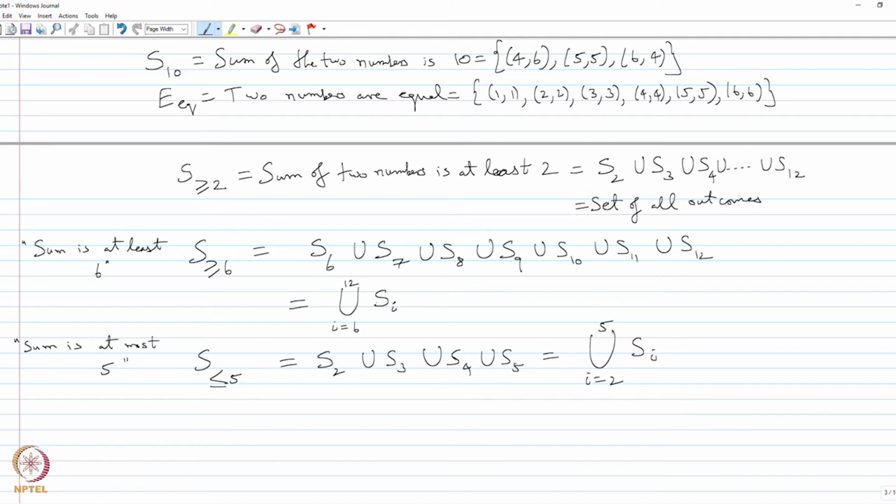The sum is at most 5. It's S2 union S3 union S4 union S5. You can also have a shorthand notation which says union I equals 2 to 5 S_i. Now there are some interesting things about this event. If you take the intersection of these two events, S greater than or equal to 6 intersect S less than or equal to 5, it's going to be the null set.